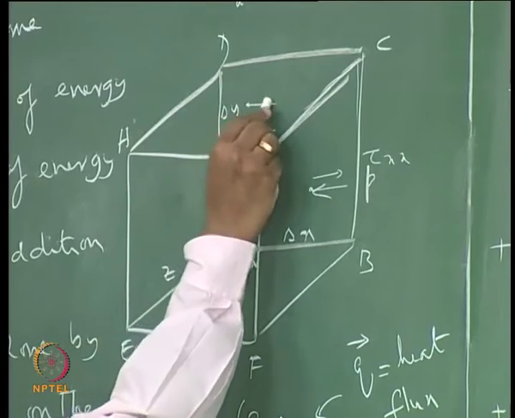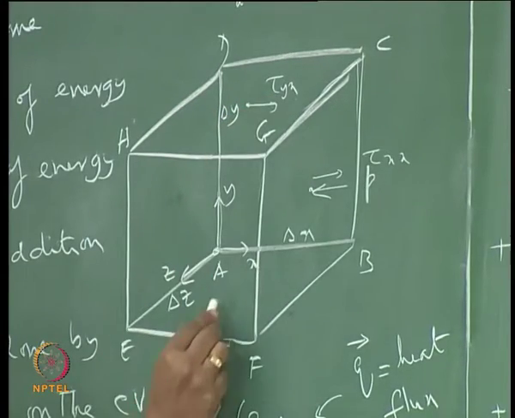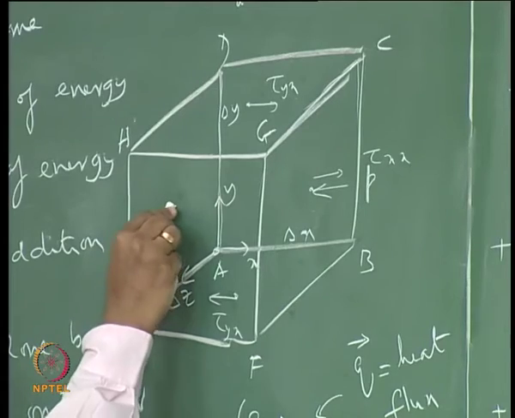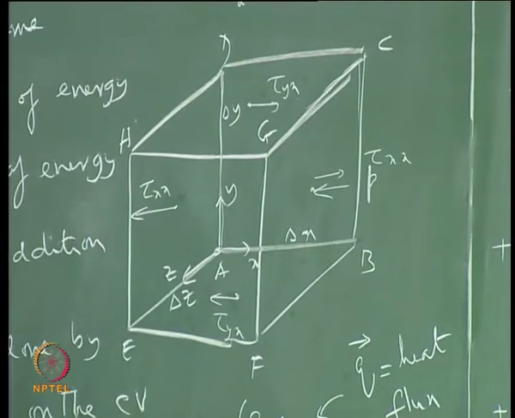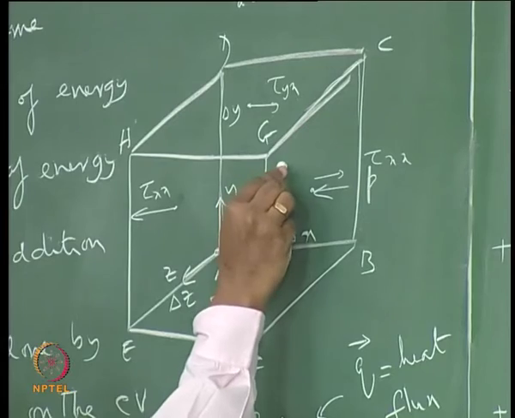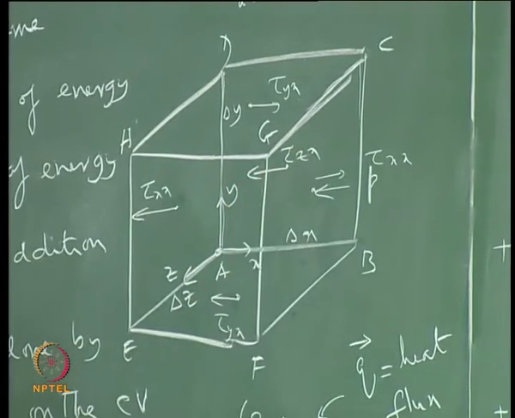At the top here we have tau yx, and at the bottom we have tau yx oriented in this direction, and then on this side we have tau xx on the negative face acting in the negative direction, and on the back face we have tau zx acting in the negative x direction.